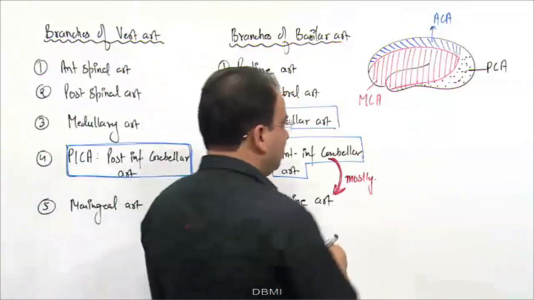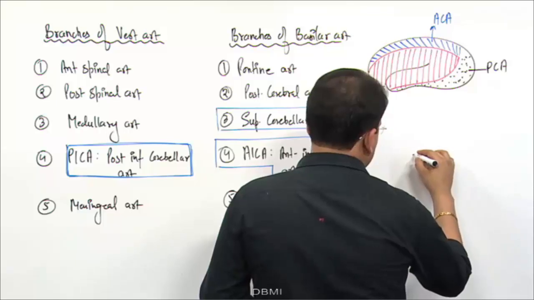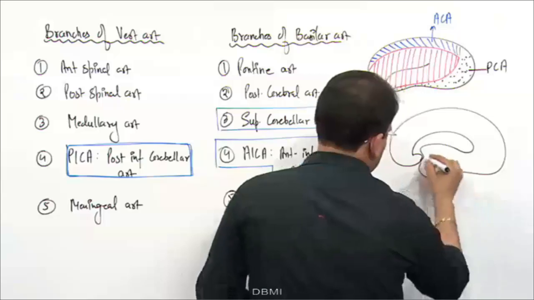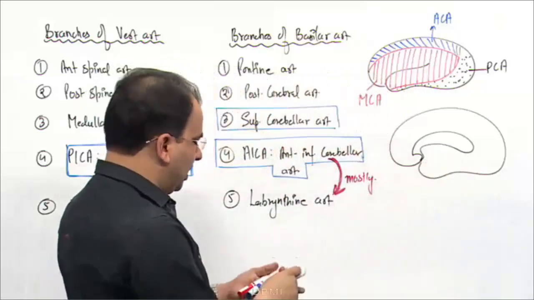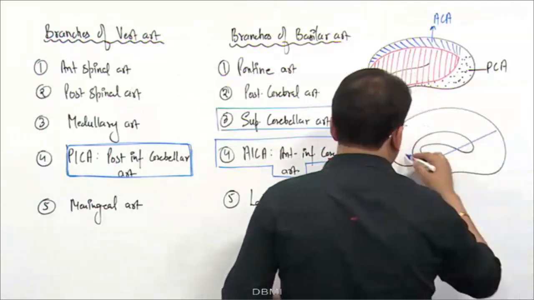Whereas on the medial surface the story is slightly different. On the medial surface the dominant artery is the anterior cerebral. Anterior cerebral is the dominant artery on the medial surface.